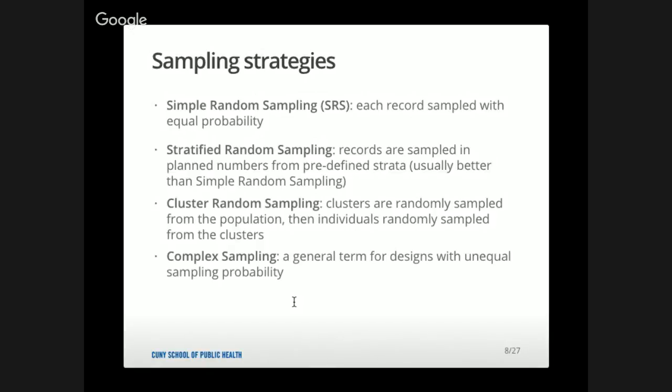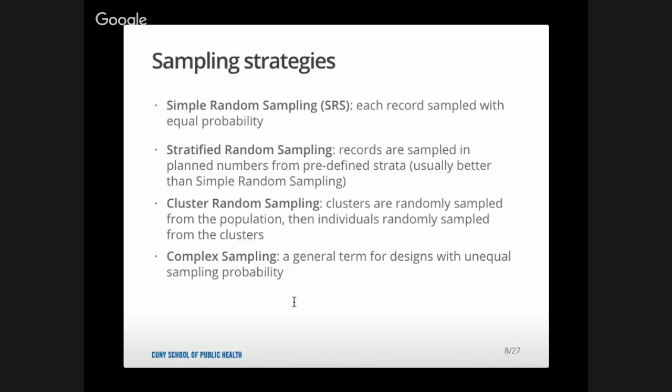So you will overweight certain demographics in order to have enough representation to be able to make some conclusions about them. And that's a form of complex sampling.